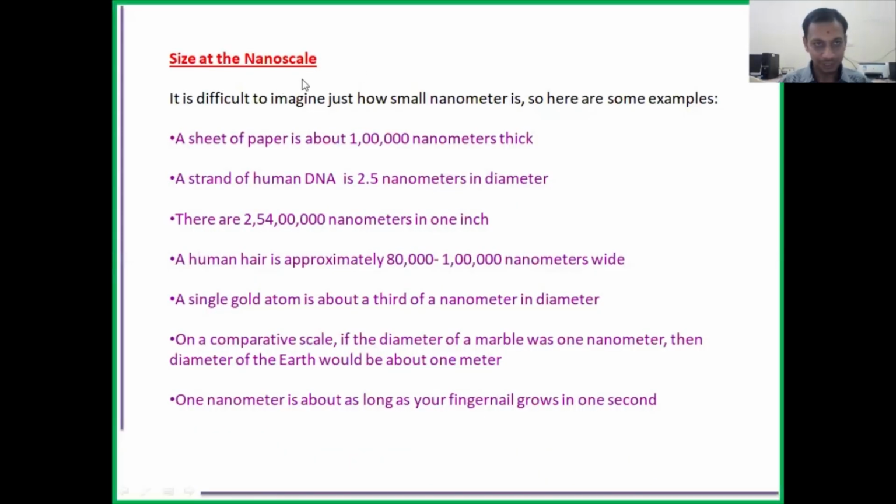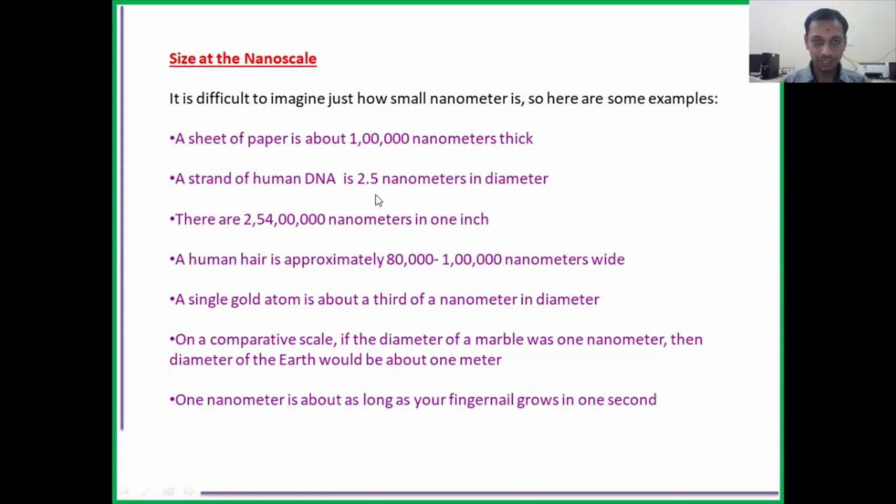Size at the nanoscale. This one is a very good slide actually, and we can get a few very good examples of how small a nanometer is. So some examples are there. A sheet of paper, simple paper, is about 100,000 nanometers thick. Now imagine how small a nanometer is.